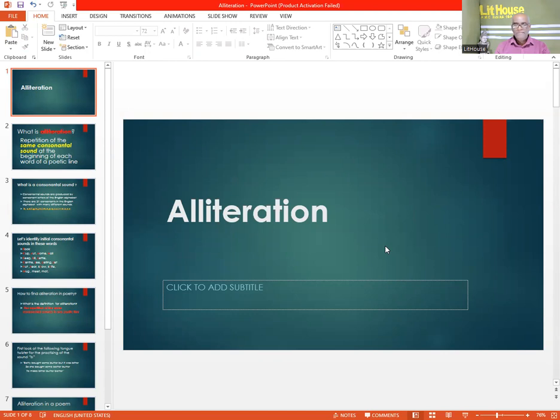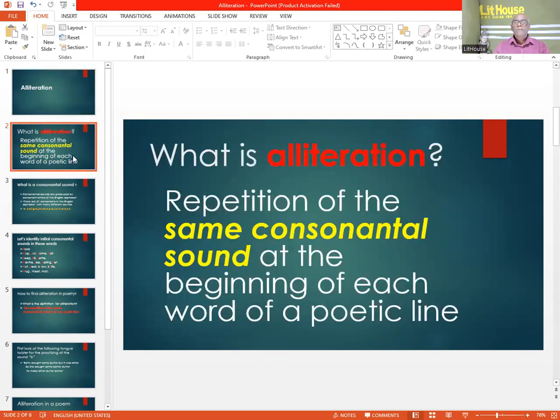Alliteration is a technique in which a poet repeats consonantal sounds in the same poetic line. That is the definition.